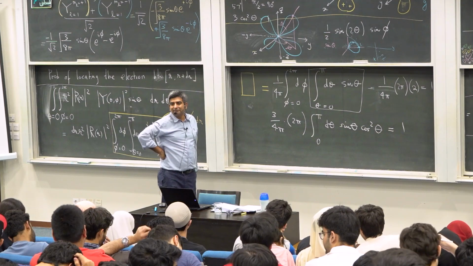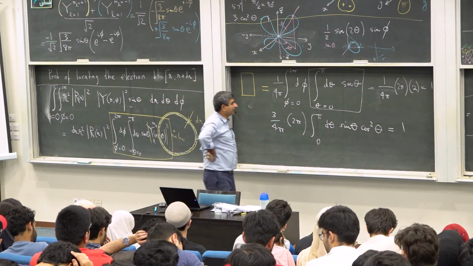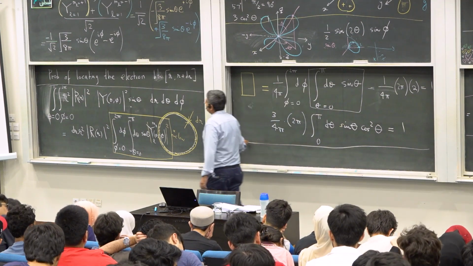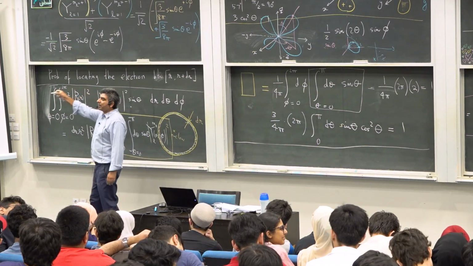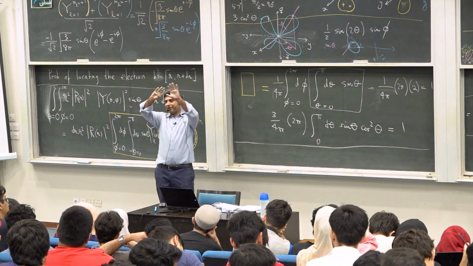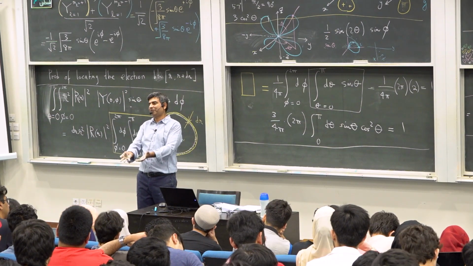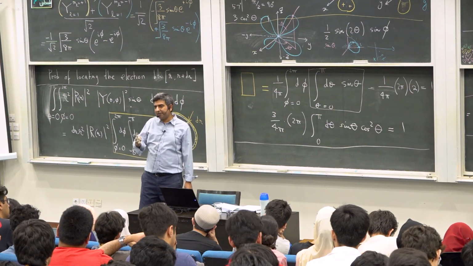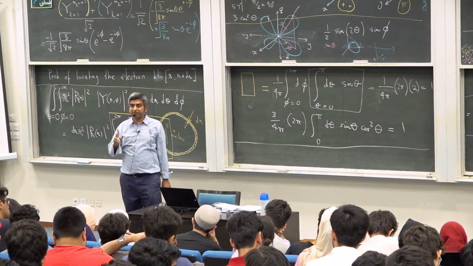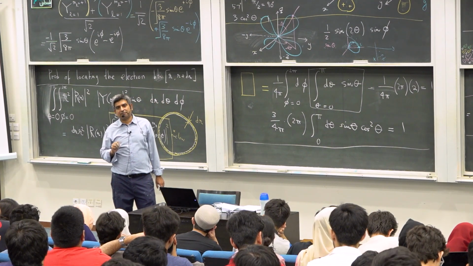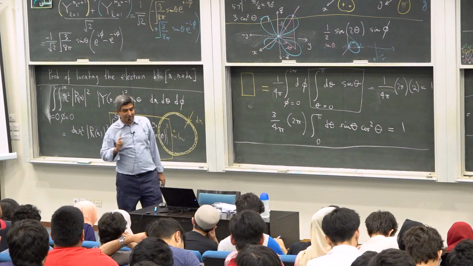Got it? What this means is that all of these spherical harmonic functions, their modulus square integrated over the surface of a sphere of any radius, the answer is 1, which is really showing that these spherical harmonic functions are normalized. All right, so far so good.